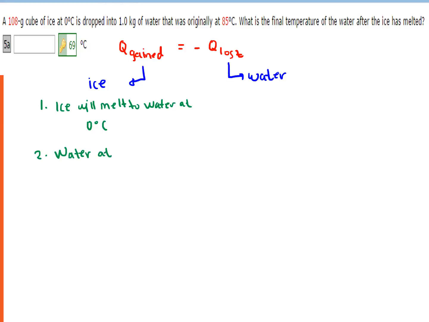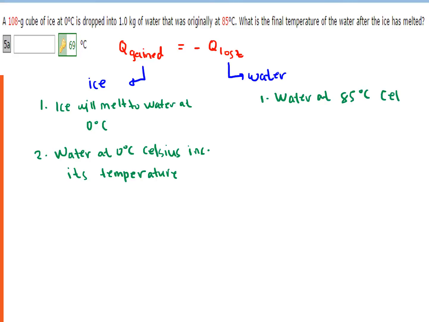And since the water at 85 degrees Celsius loses heat, a direct effect for the water at 85 degrees Celsius would be to lower its temperature. So the water at 85 degrees Celsius cools down.